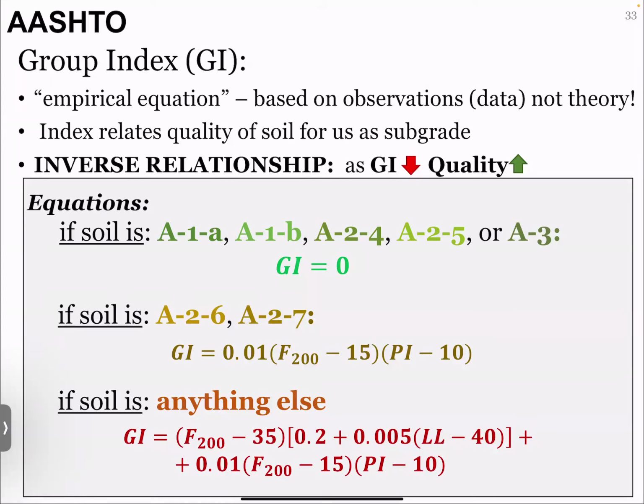In general, as the group index goes down, the smaller the number, the better the quality is. Some states will have set criteria where if we have a group index of 15 or greater, then we can't use the soil at all. Again, it's dependent on the jurisdiction, the use of the soil, and that kind of thing.